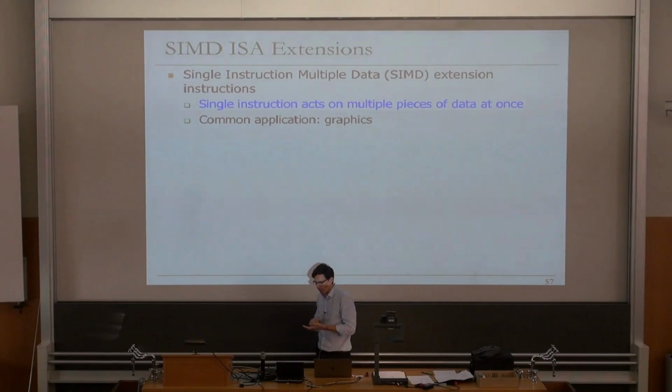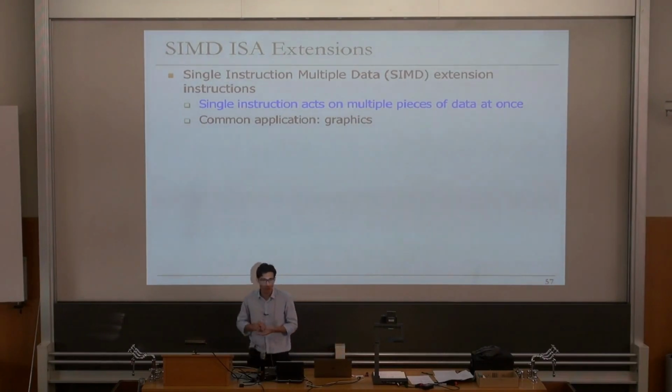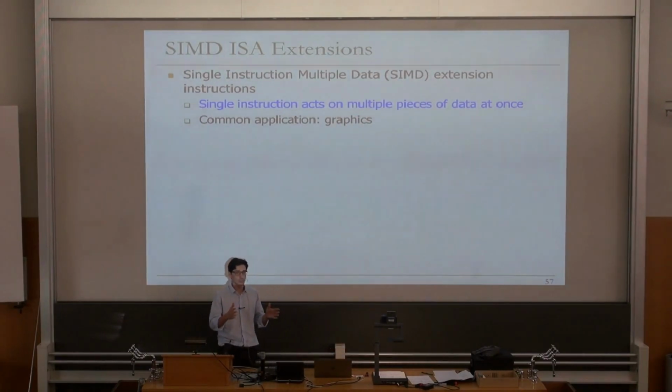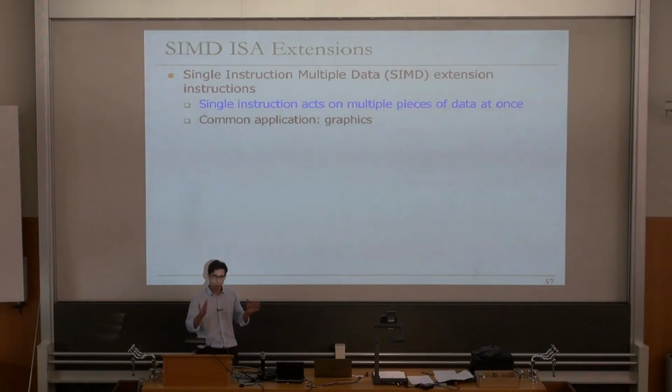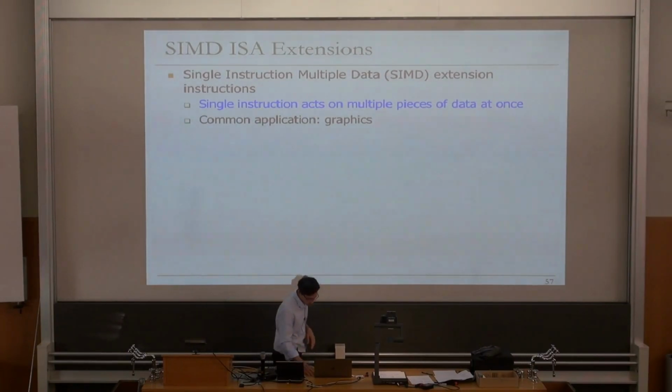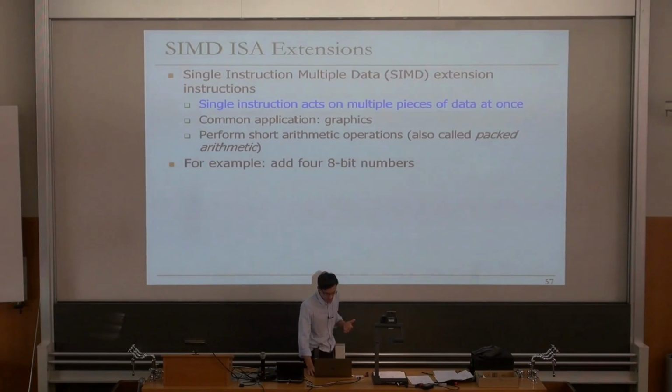MMX means multimedia extensions, because these kinds of applications were the main target of these new instructions. Essentially, what they did was define some new arithmetic operations on short bit numbers.